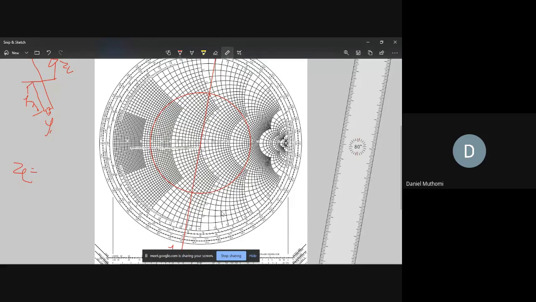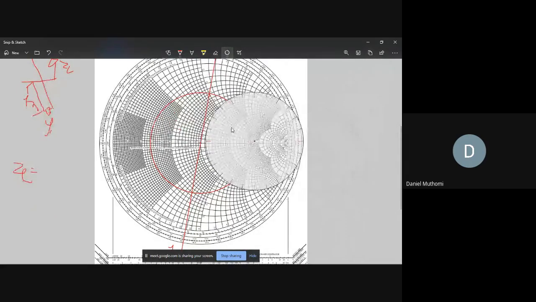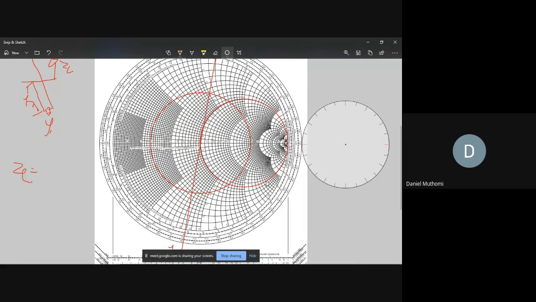So let me highlight it. Yeah, so this is your G equals 1.